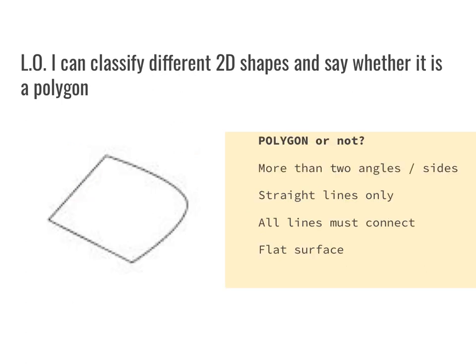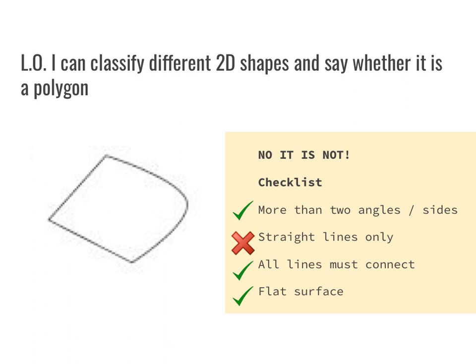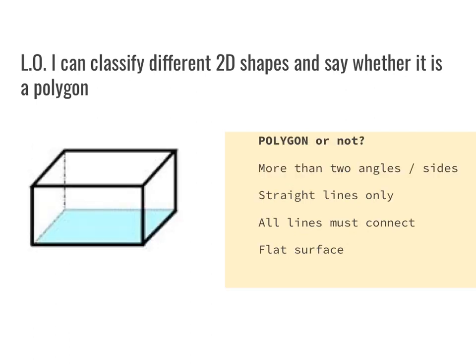What about this? Yes, you're right, it is not a polygon because it is not made up of straight lines only. There is a curved line in this shape. What about this?